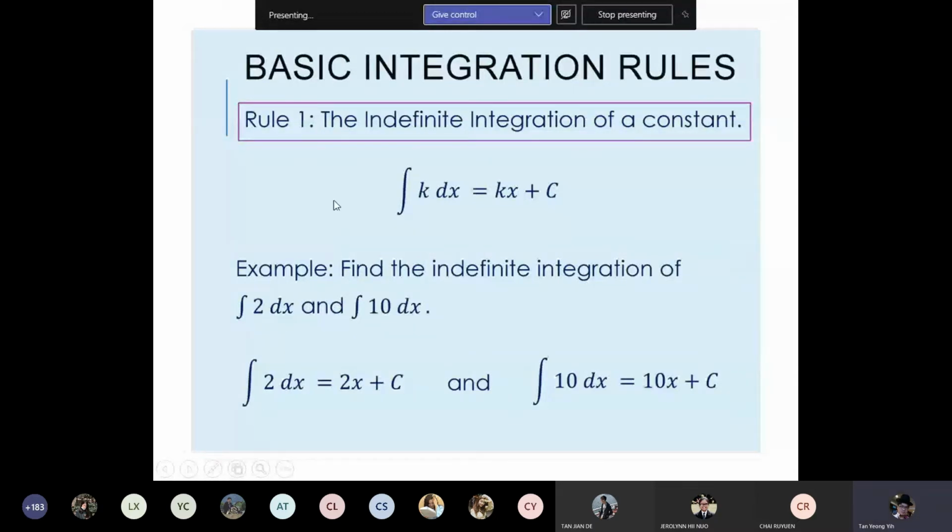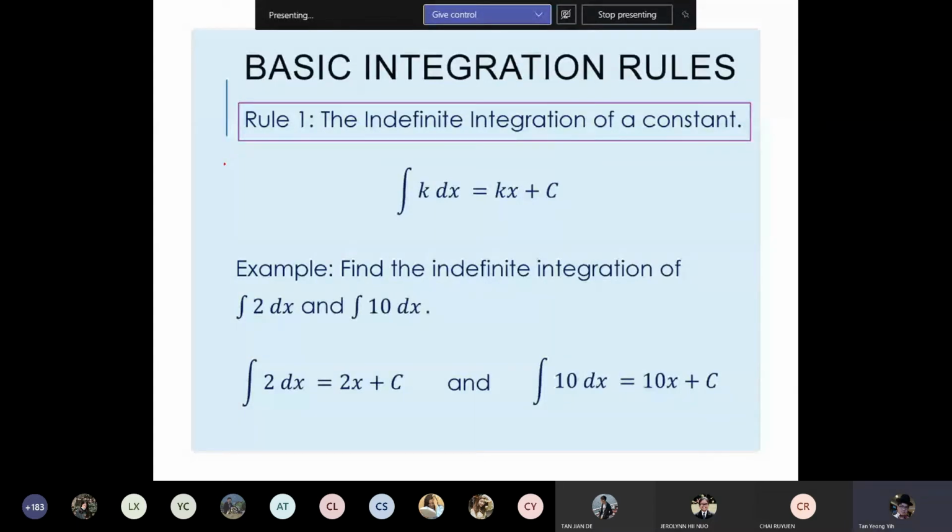Let's see the first rule: the indefinite integration of a constant. When we integrate a constant k, it becomes kx plus c. What does that mean? Let's start with differentiation first.